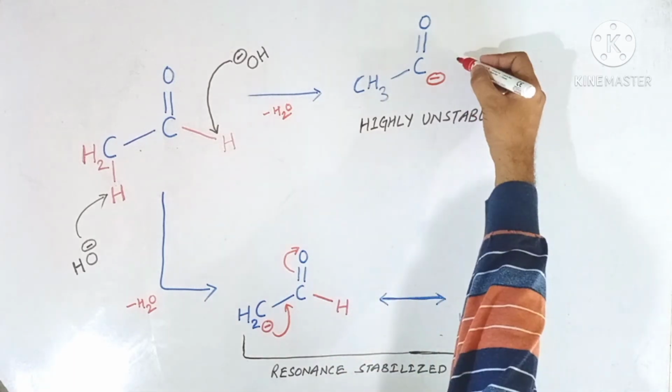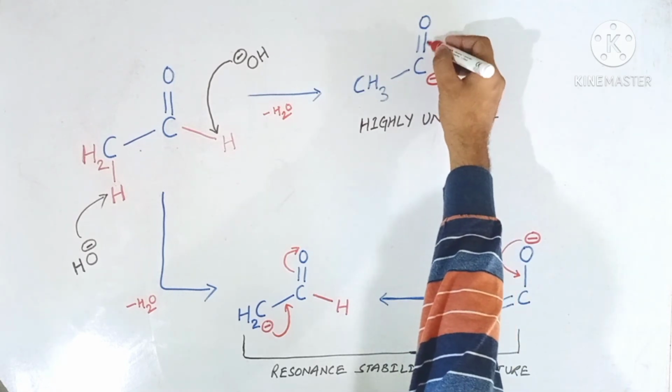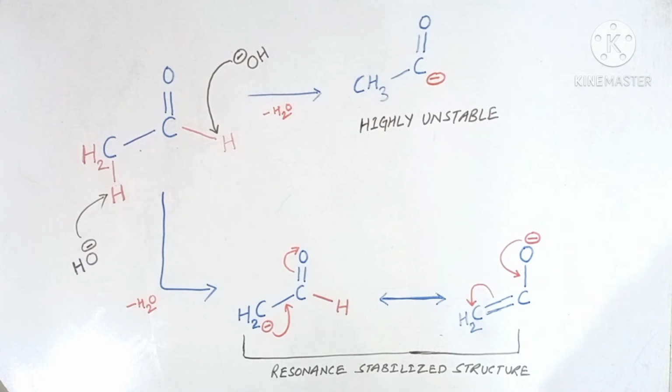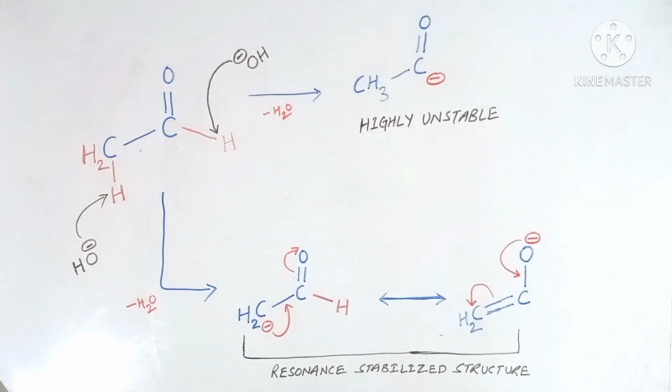Second, this electron will not migrate to the carbon-oxygen bond, because the octet of oxygen would be exceeded, and if the octet of oxygen is exceeded, then this species is highly unstable. This species cannot exist, or cannot be formed at all. So the negative charge present over here makes the whole molecule highly unstable.